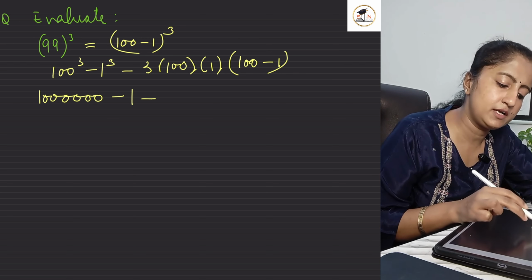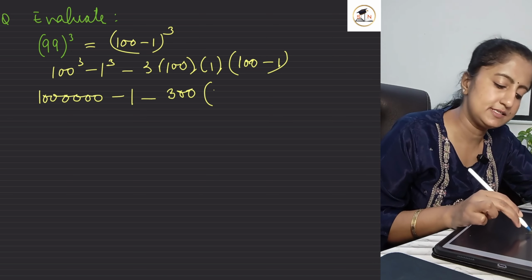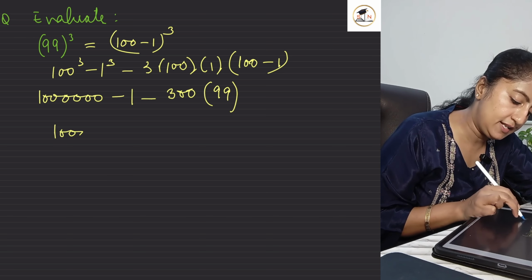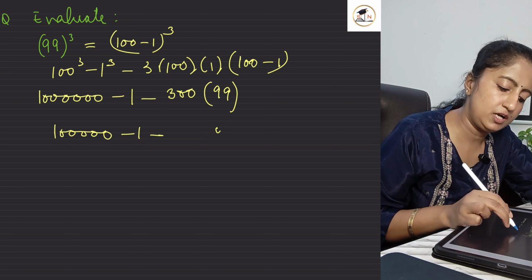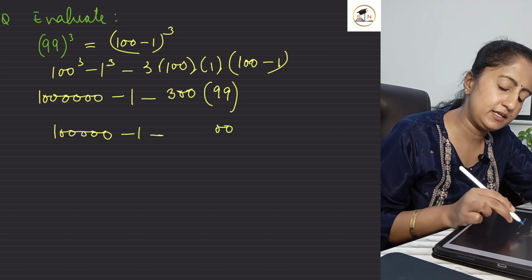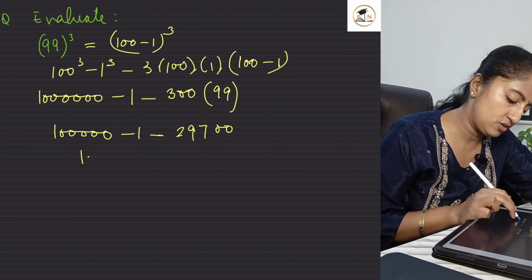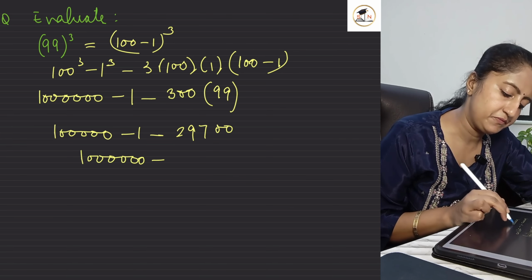Now 3 into 100 into 1 is just 300 and 100 minus 1 is 99. So what do we get? 10 lakhs minus 1 minus, now 300 into 99. That gives me 29700, right? So now we need to subtract. So we will have 10 lakh, minus.